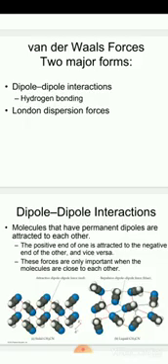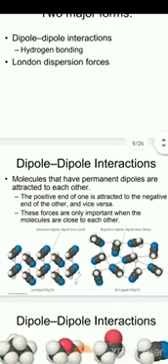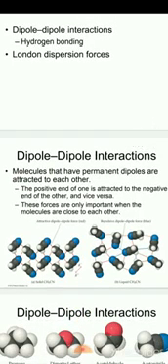And in water, the forces are London dispersion force, dipole-dipole force, and of course hydrogen bonding. In water, the strongest force is hydrogen bonding. Dipole-dipole interaction occurs between two polar molecules, which is why it is called dipole-dipole force.